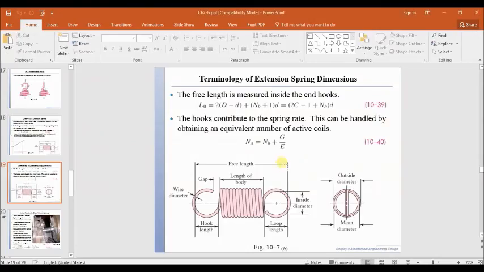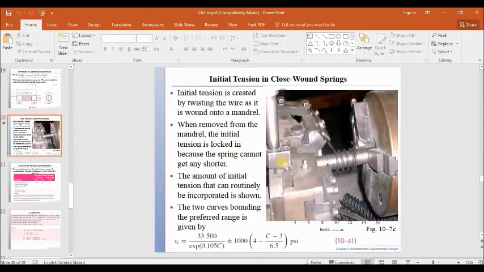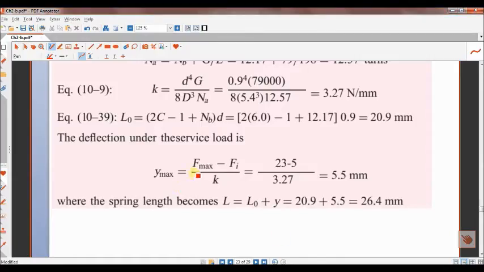As we explained earlier in the lecture, the initial tension is necessary to be applied on a spring to maintain its free length, and this initial tension is in the reverse direction of the applied load. Due to this reason, we deduct the initial tension from the applied load, because they are in the reverse direction. That's why here the sign is negative.